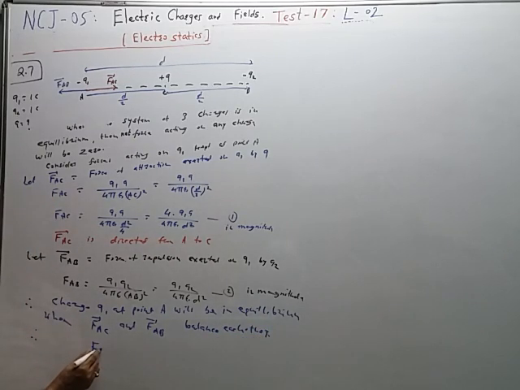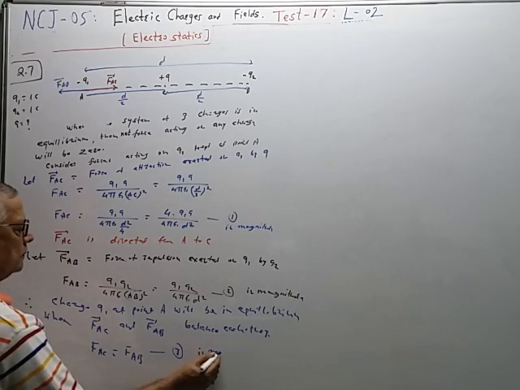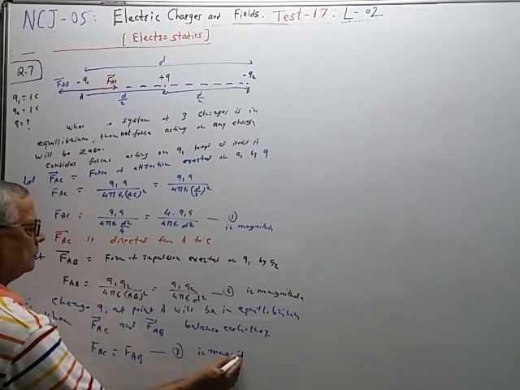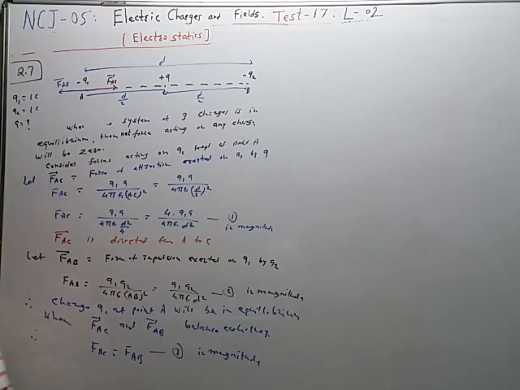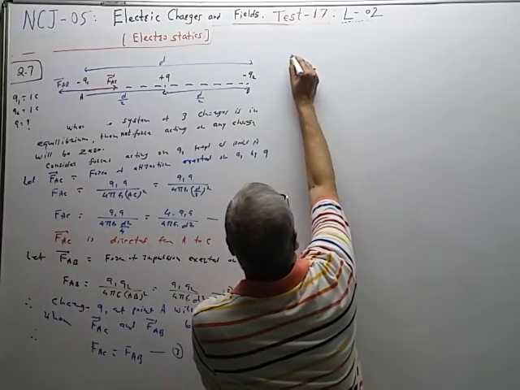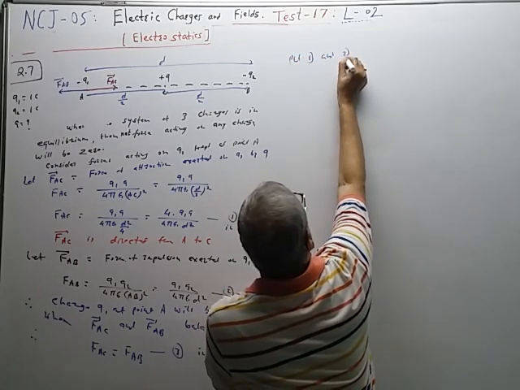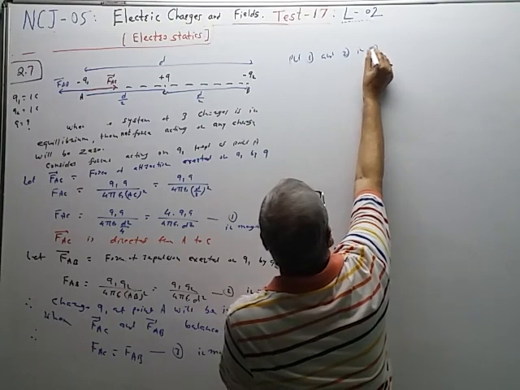Therefore, FAC is equal to FAB. This is equation 3 in magnitude. So put 1 and 2 in equation 3.